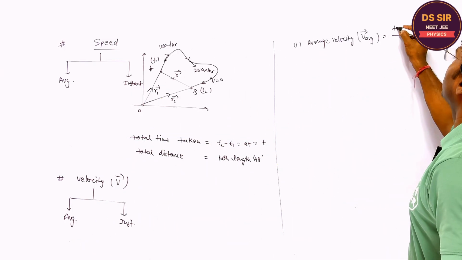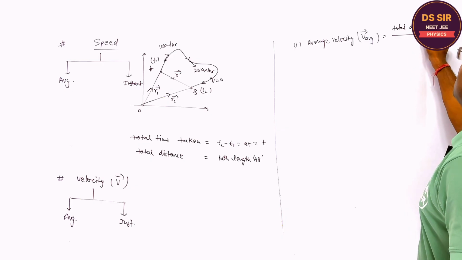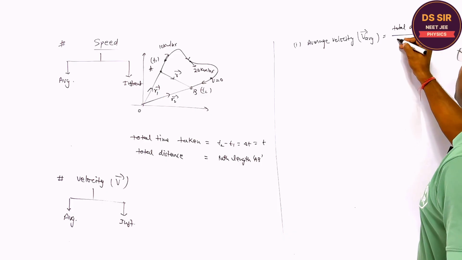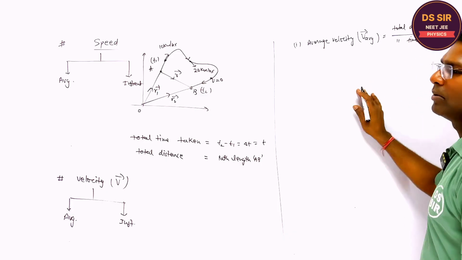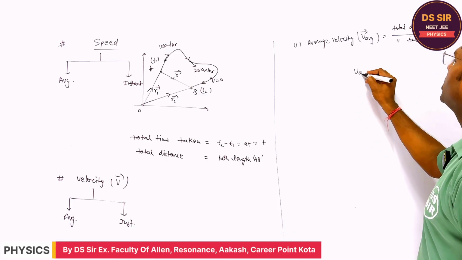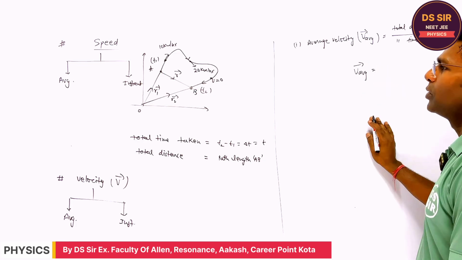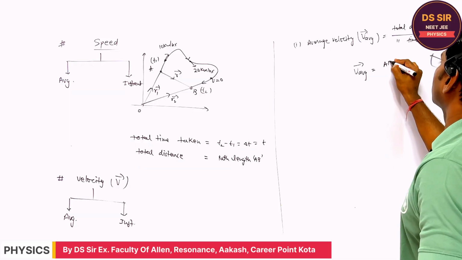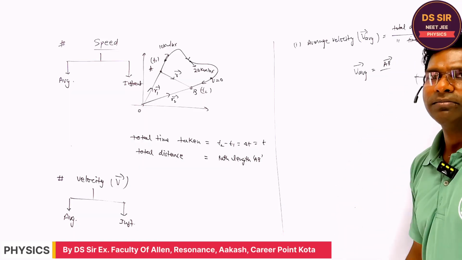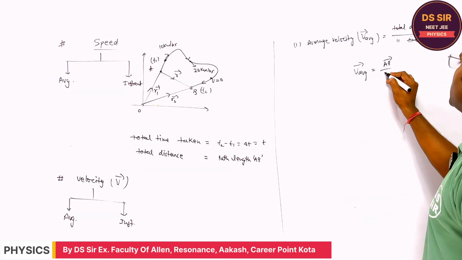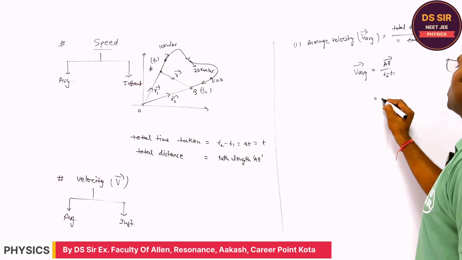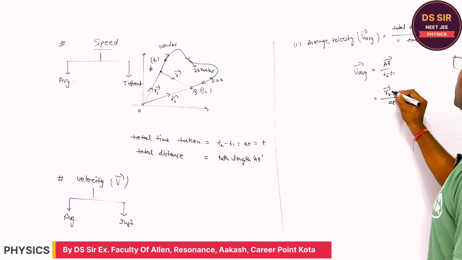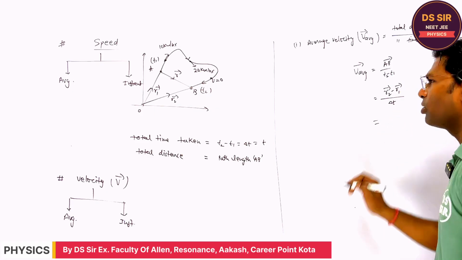Total displacement divided by total time. What is the total displacement? The total displacement is nothing but the AB vector. And what is the total time? Total time is nothing but T2 minus T1, and the total displacement is nothing but R2 minus R1. Is it clear or not, you tell?